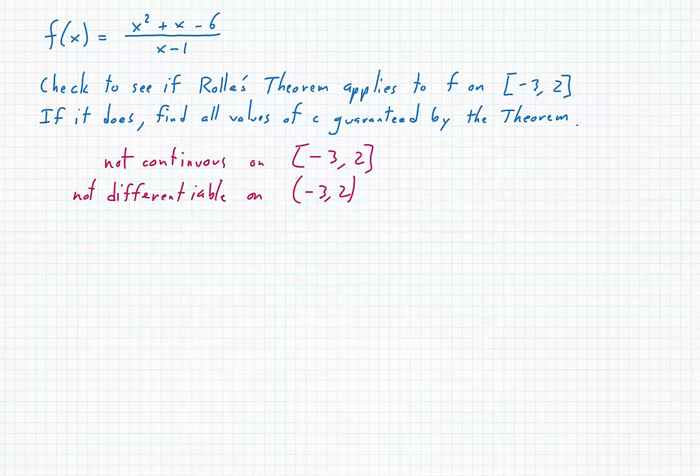Now, as soon as we weren't continuous, we knew that we couldn't apply Rolle's theorem, but we should still check all of these things and see what's going on. So let's check the last one. Let's consider f of -3. I'm going to use my trusty calculator to give me a hand with that. So I'm going to have -3 squared plus -3 minus 6 in the top.